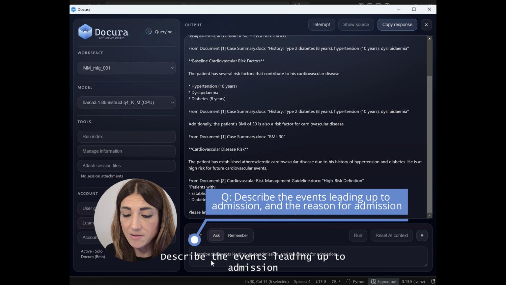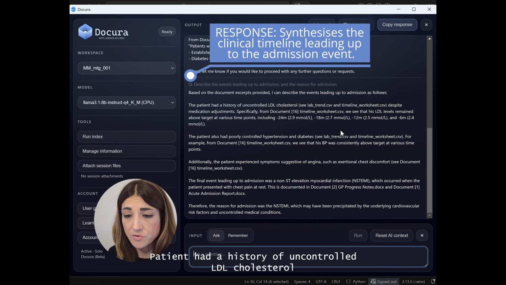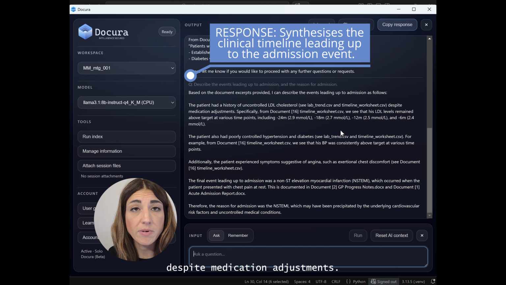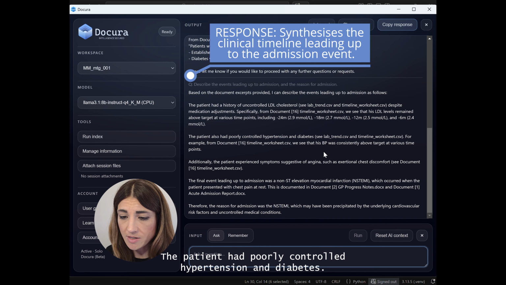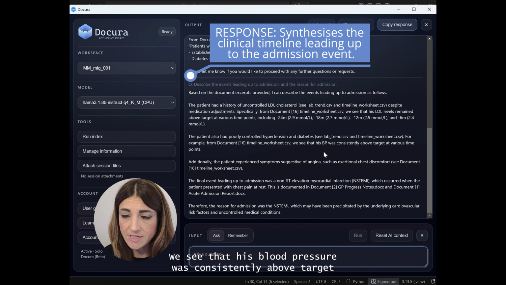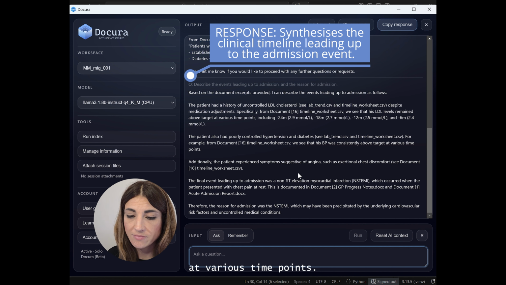Describe the events leading up to admission and the reason for admission. The patient had a history of uncontrolled LDL cholesterol despite medication adjustments. His LDL levels remained above target at various time points. The patient had poorly controlled hypertension and diabetes. We see that his blood pressure was consistently above target at various time points.